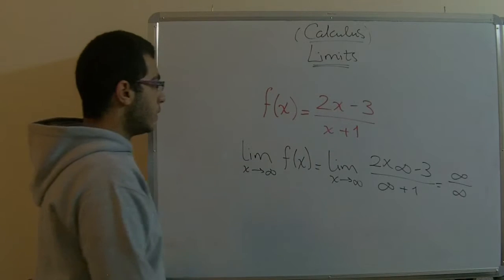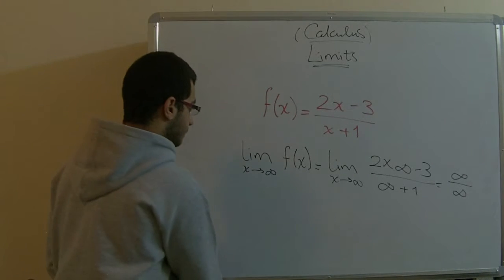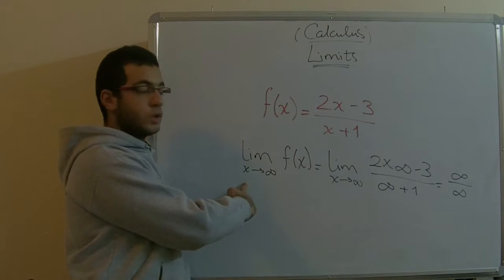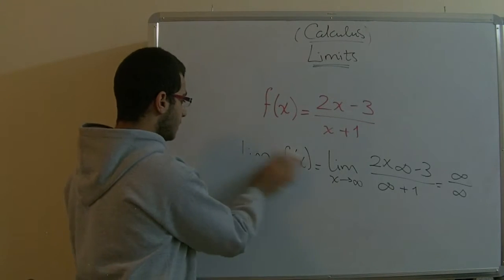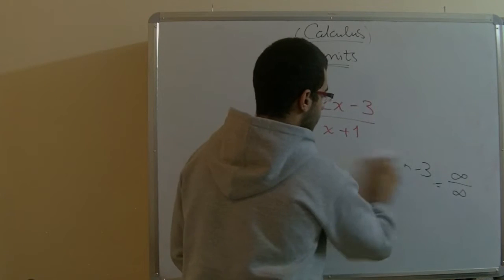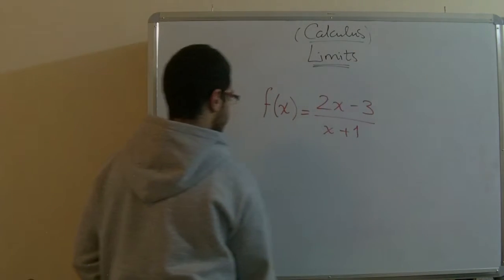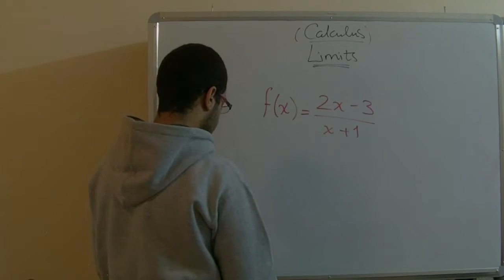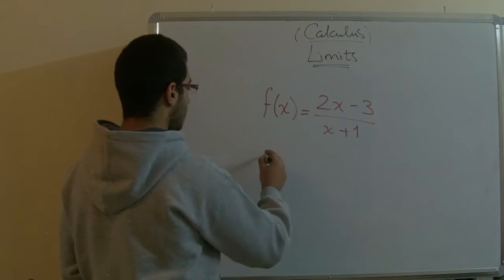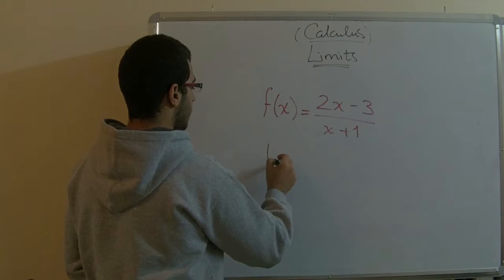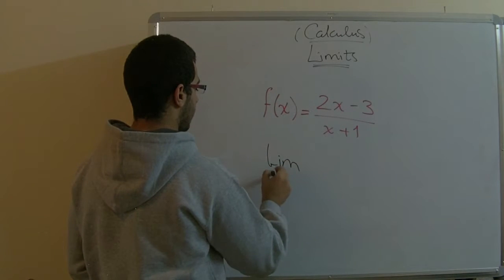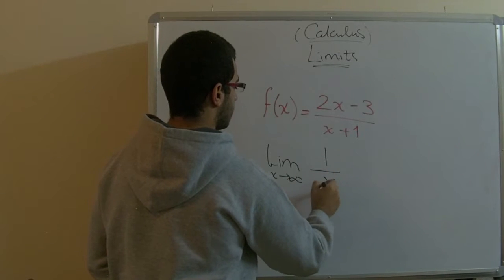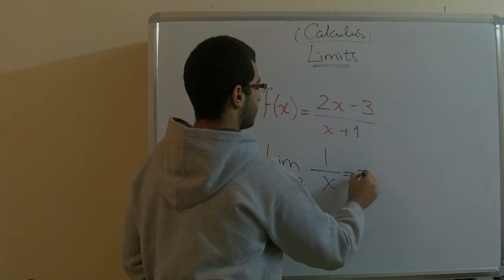There is a rule used here in this form when you have the limit of a function to infinity. Our rule says that when we have the limit as x approaches infinity of 1 over x, it equals 0.